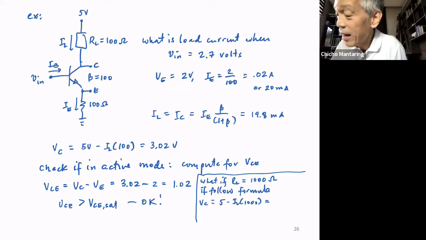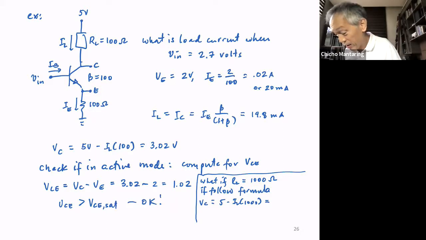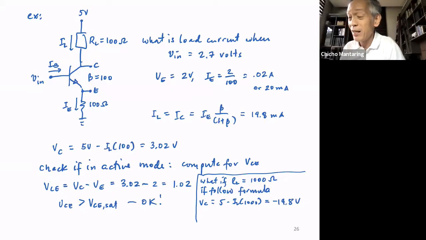IL is 19.8 mA, times 1K. So this quantity is going to be 19.8 volts. So I'm going to get 5 minus 19.8, no? I'm going to get minus 14.8 volts.